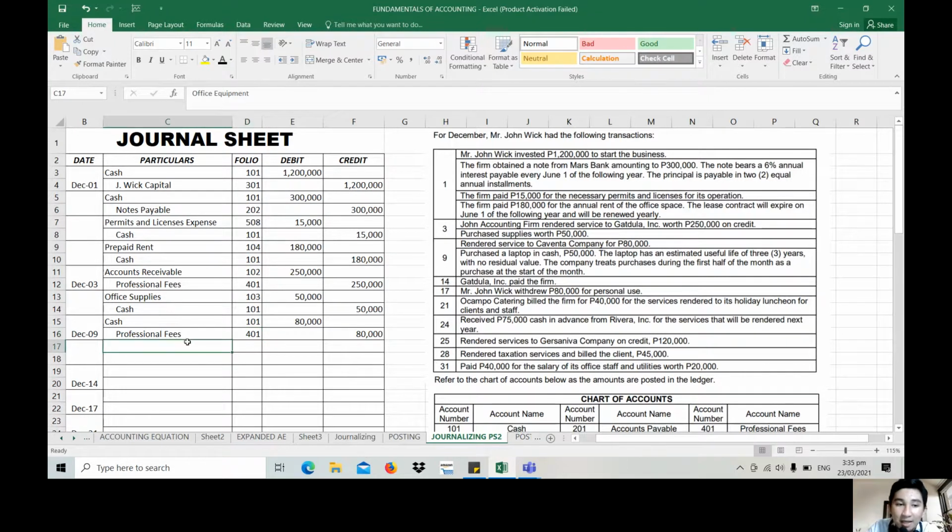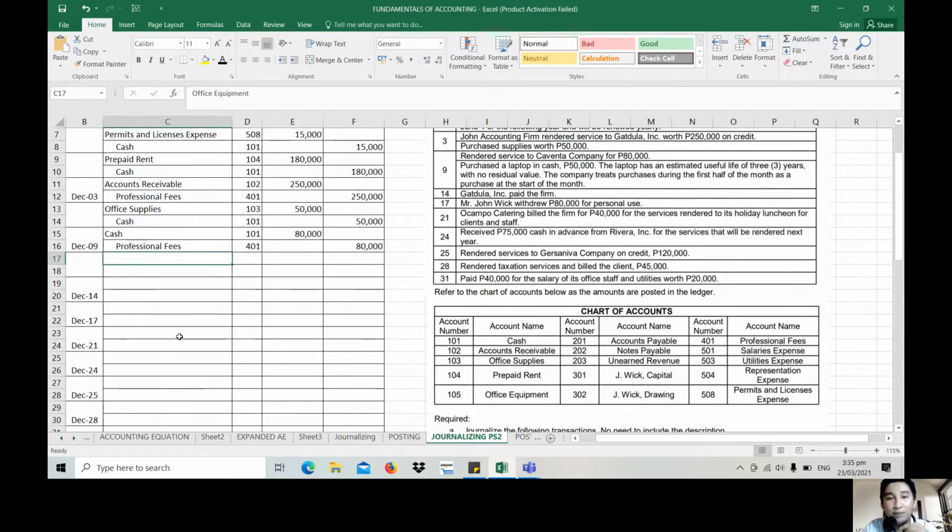Another transaction on December 9, okay, purchase a laptop in cash, 50,000 pesos. The laptop has an estimated useful life of 3 years with no residual value. The company treats purchases during the first half of the month as a purchase at the start of the month. Okay, here, nag-purchase tayo ng laptop.